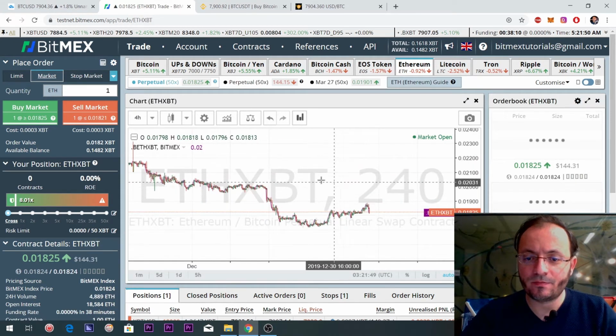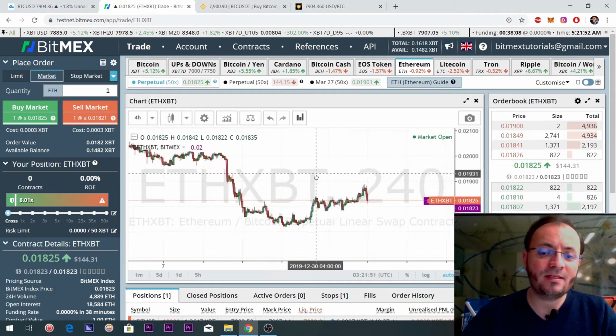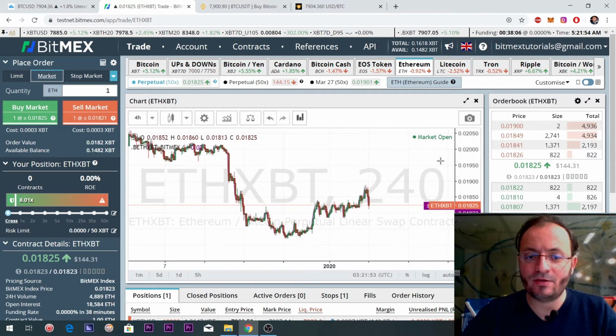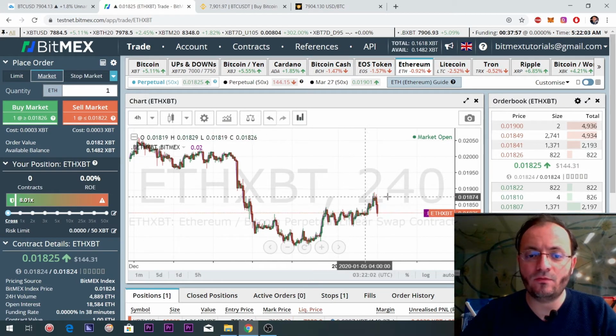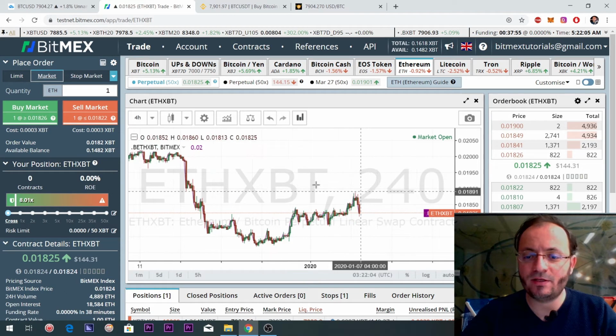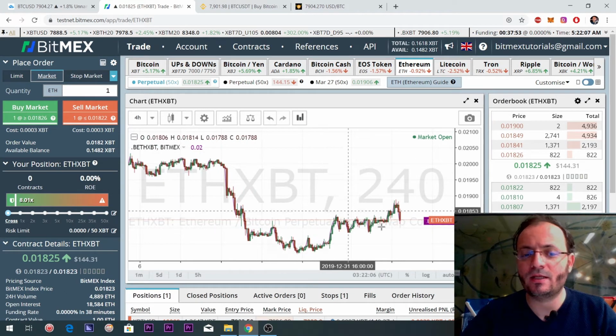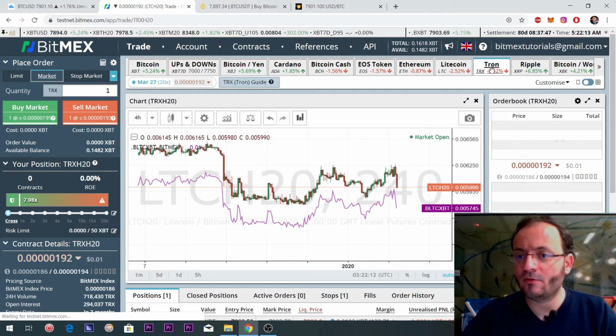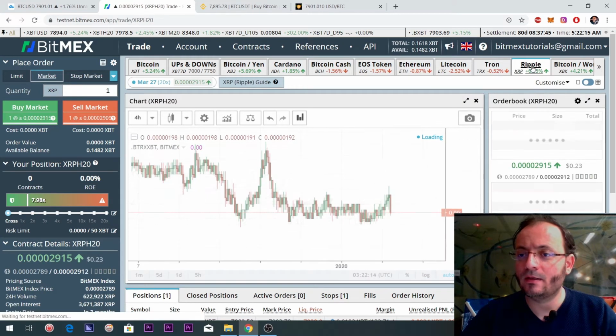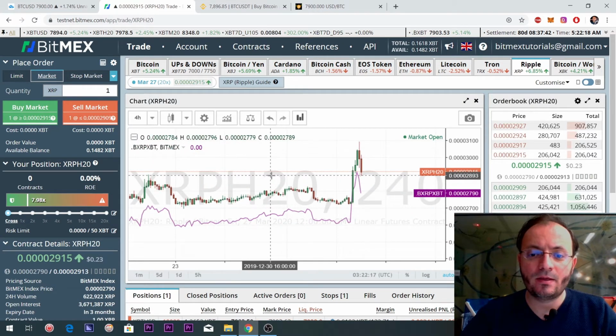Ethereum: you can't do 100x leverage on the other ones, only for Bitcoin, but here you can do 50x leverage for Ethereum, which is also a lot, and it's more volatile than Bitcoin. Also Litecoin, Tron, Ripple.